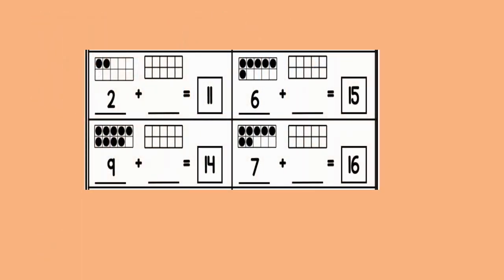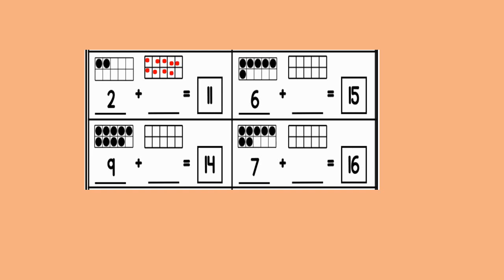Now student, same here. Here the given number is given and the answer is given. So now we have to find out the missing number by counting forward till we got the answers. Okay. So now here given number is 2 and the 2 dot is given. So we will draw more dot till we got the answer 11. 3, 4, 5, 6, 7, 8, 9, 10, 11.